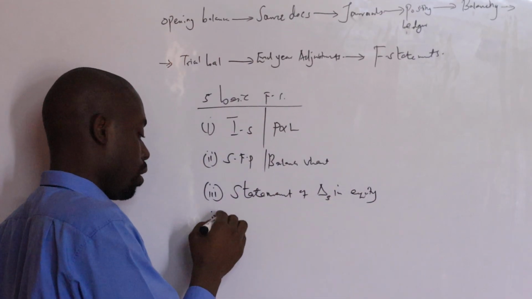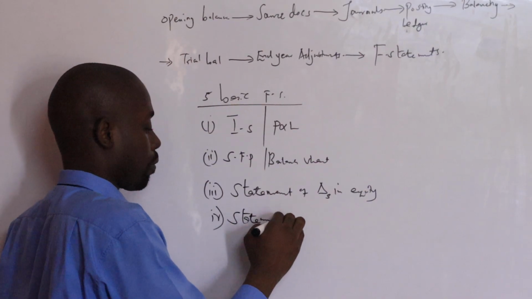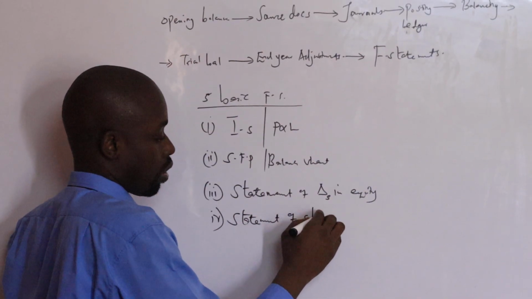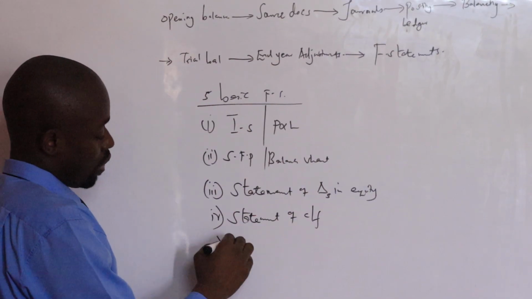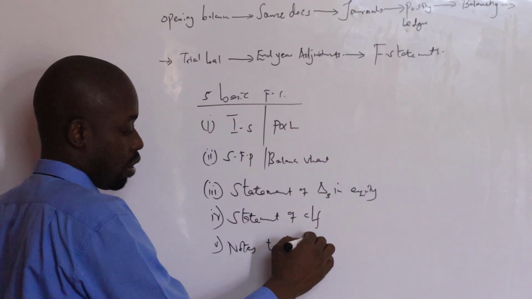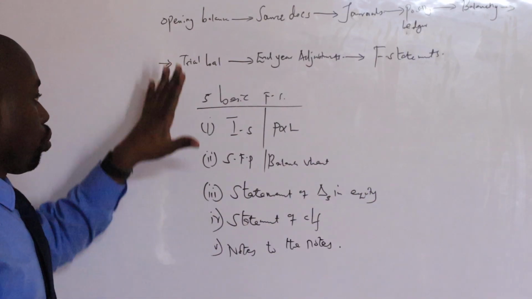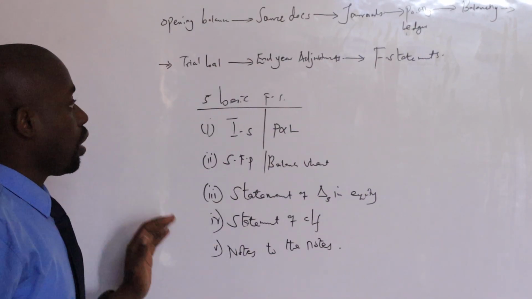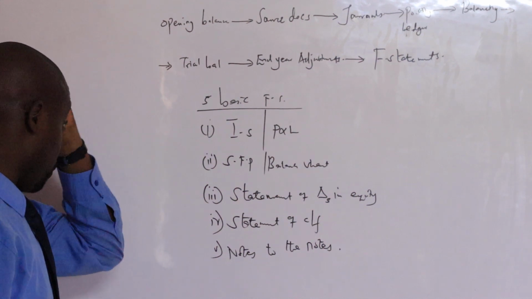Then number 4, we talked about statement of cash flow. Lastly, we have what we call notes to the accounts. So we talked about this in topic 1 earlier. We'll be dealing with them in detail in topic number 5 when we begin doing sole trader.